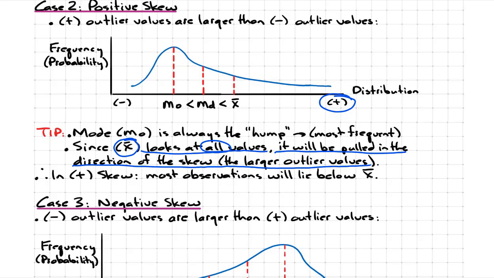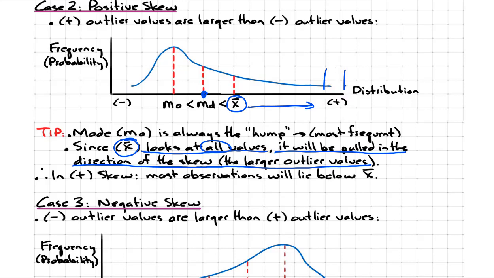In other words, it's going to be going towards the positive side. So between the median and the mean, it's the mean that's getting dragged further to the right. Because the median doesn't care about these outlier values. The median just concentrates on the middle observation. But the average, on the other hand, looks at all values.